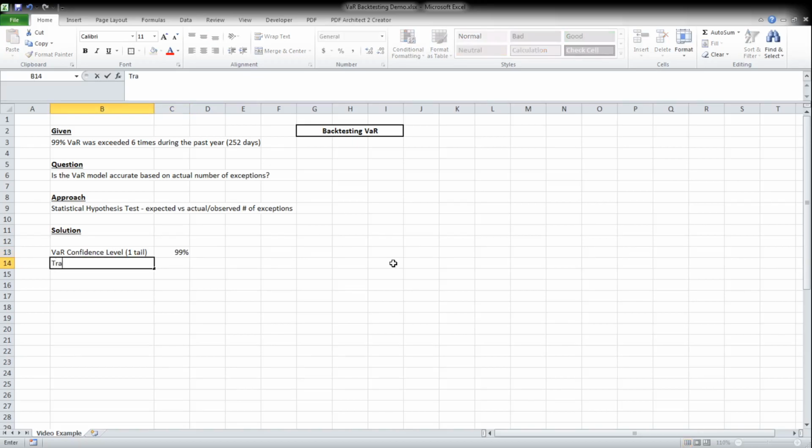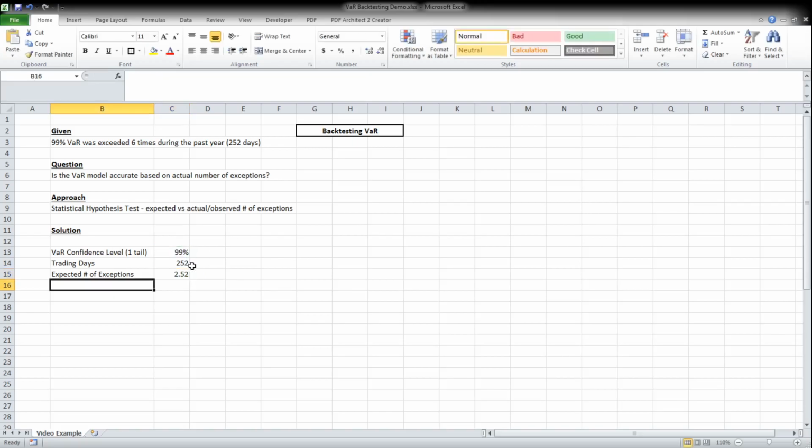How many trading days in our period? It was 252. The expected number of exceptions is 1% of 252, so it's 1 minus the confidence level times the number of trading days. We're expecting approximately 252 times 1 minus the confidence level.